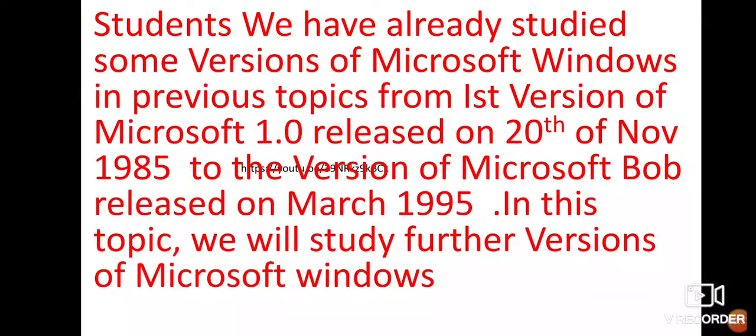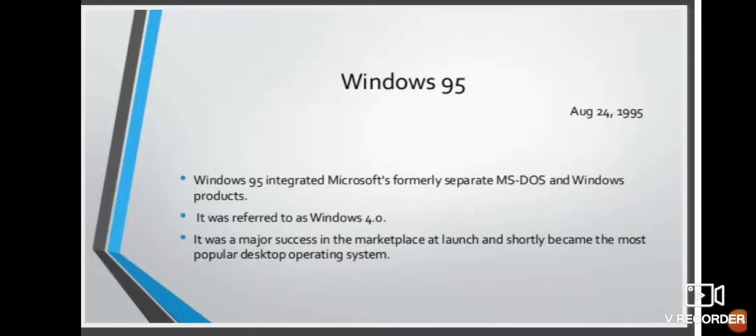These versions, Microsoft 1.0, 2.0, 2.1, and then 3.0, 3.1, and Microsoft Bob were studied yesterday by us. And today we will understand the versions that were released after Microsoft Bob. In this topic, we will study further versions of Microsoft Windows.